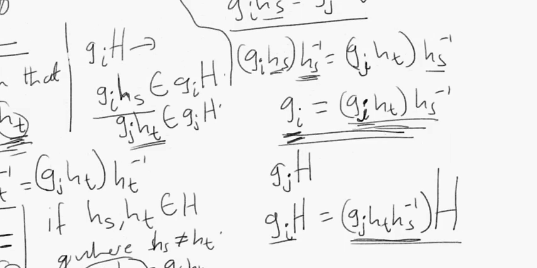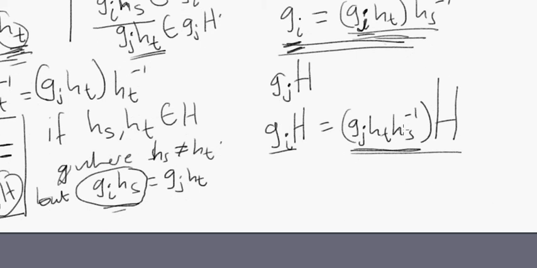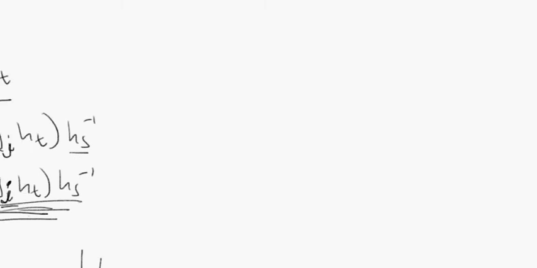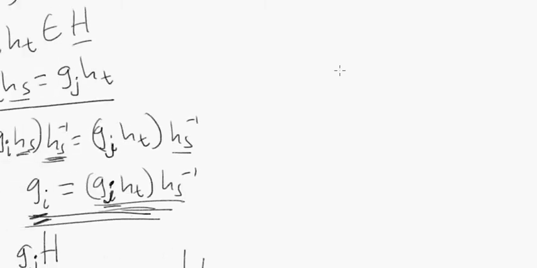Well, but what does this really mean? Well, let's think about what GJ times HT times HS inverse really amounts to, is the question. Okay, let's make sure we've written it down correctly. Don't want any confusion. So we're saying that GIH equals GJ times HT times HS inverse, all of this, whatever.